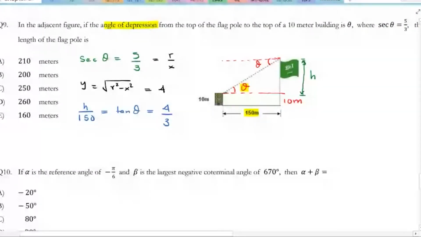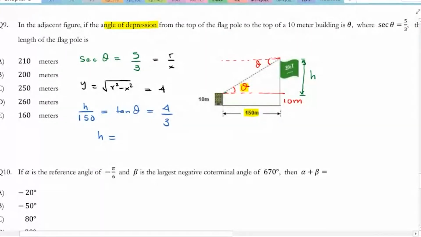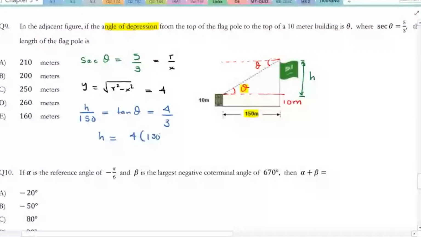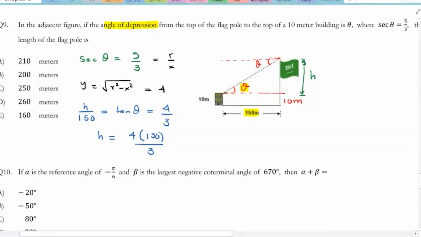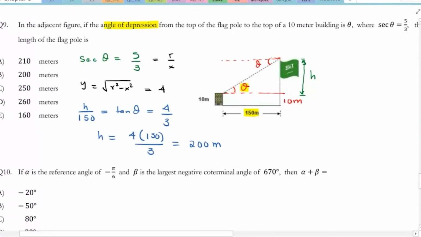Right? So what do I do, gentlemen? h will be equal to 4 multiplied by 150 divided by 3. And that is going to be 50 multiplied by 4, and that is going to give us 200 meters. This is the h, but that is not the length of the flag.